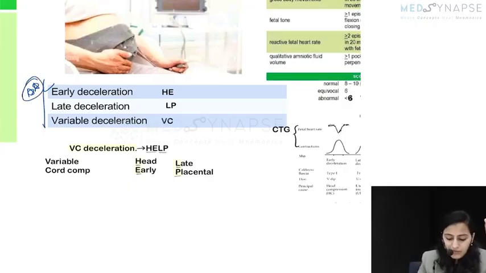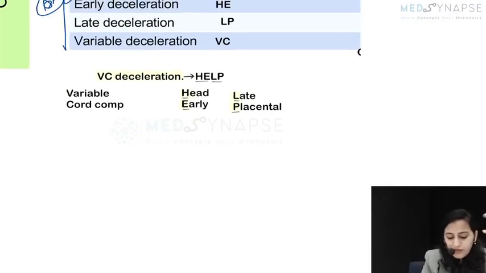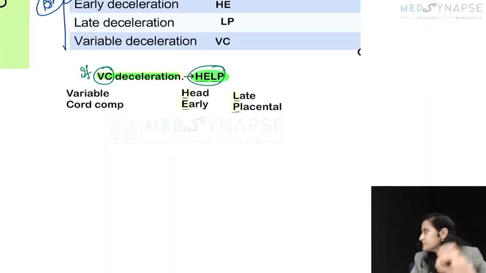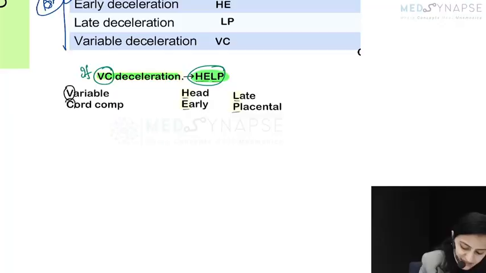Right, so remember that the mnemonic for your deceleration is, if we see deceleration, we should immediately help the patient. So remember, if we see, then help. So what is VC? Variable cord. Help, HE: head compression, early.